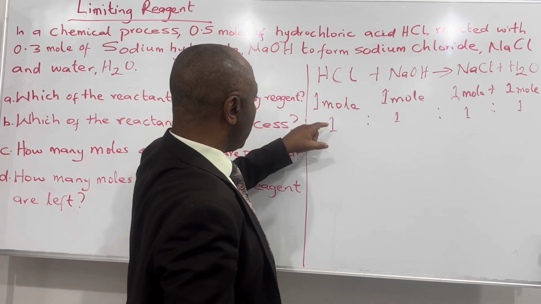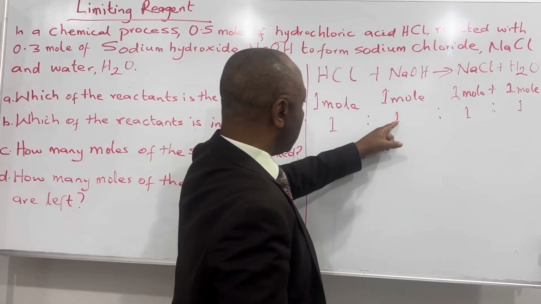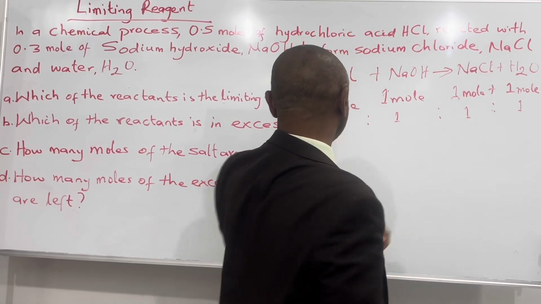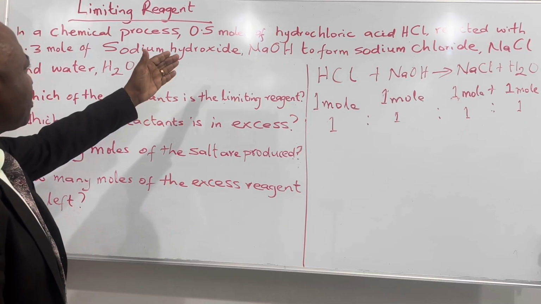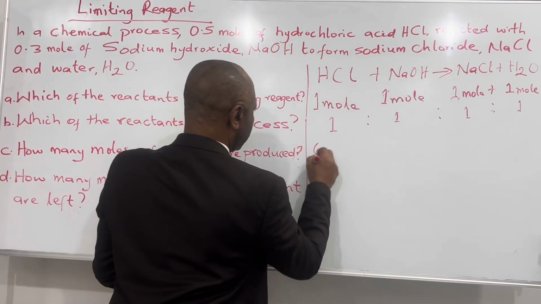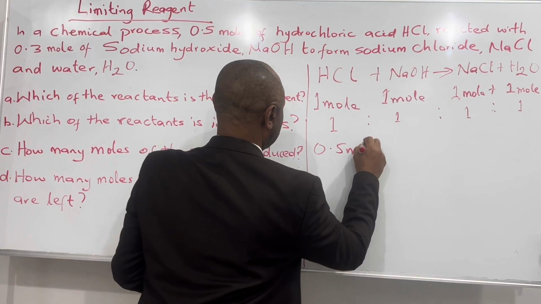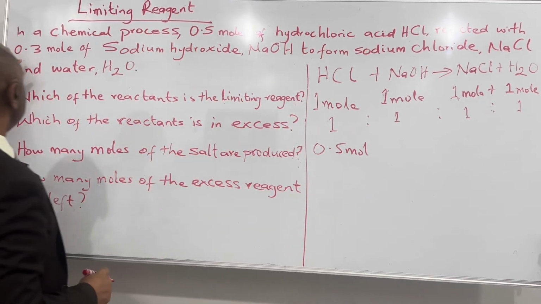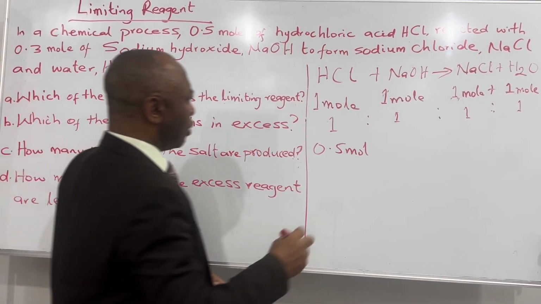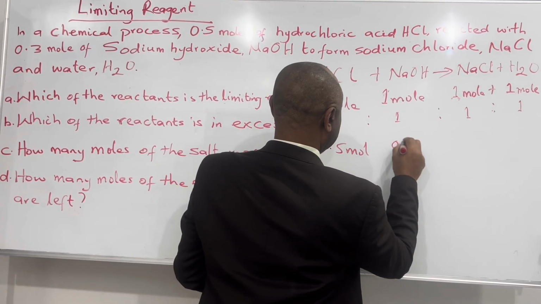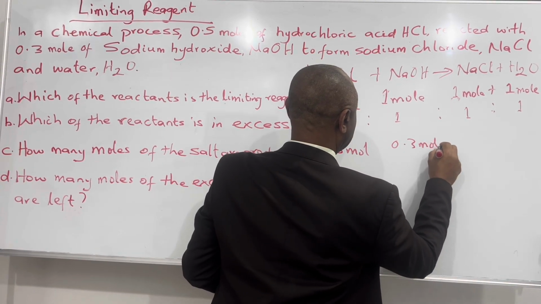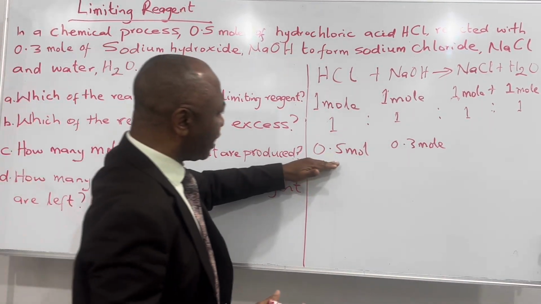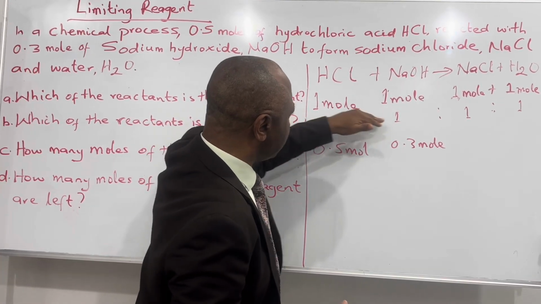This means that if you have 1 mole of hydrochloric acid, it will require 1 mole of sodium hydroxide to give you 1 mole of sodium chloride and 1 mole of water. Now, in the statement, we have 0.5 mole of hydrochloric acid and 0.3 mole of sodium hydroxide. Then you ask yourself whether this is consistent with this ratio.